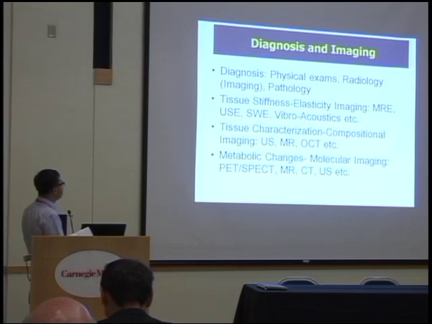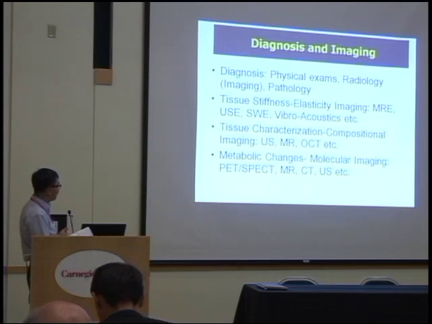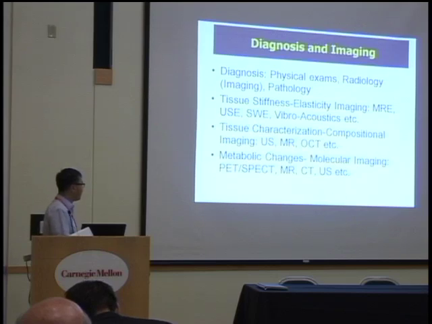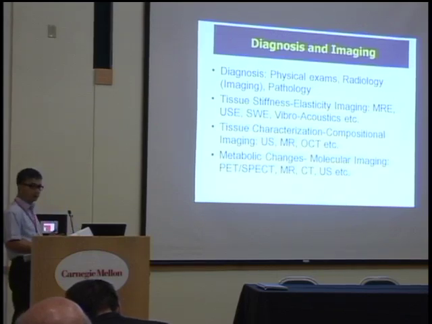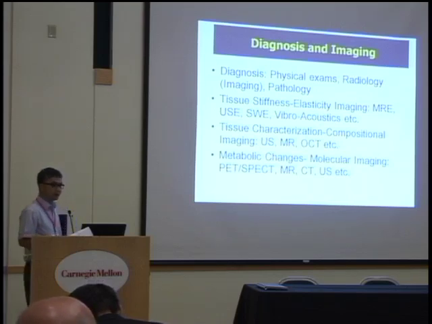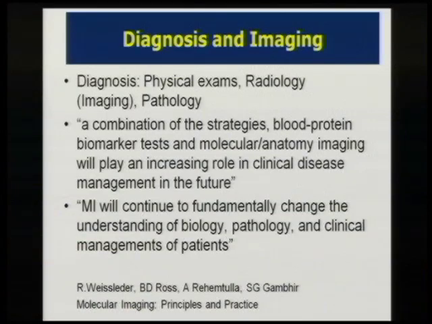And some of the metabolic changes, such as molecular pathology, can also be assessed using molecular imaging, traditionally PET using radiolabeled tracers, and MR, CT, and ultrasound using corresponding contrast agents targeting specific biomarkers.